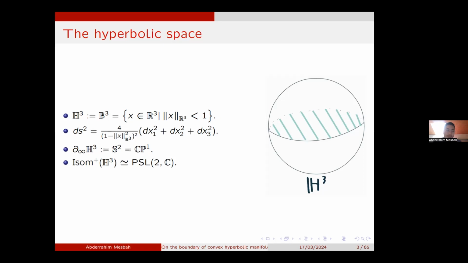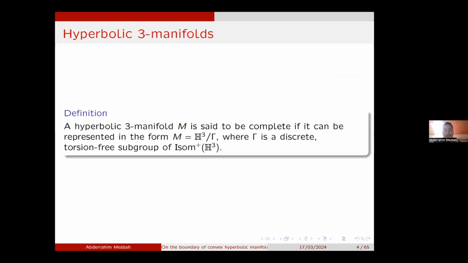Another fact is that the isometry group of the hyperbolic space that preserves orientation, so the maps from H3 to H3 that preserve this distance, ds square, form a group which is isomorphic to PSL2C. So we can see the isometry group of H3 that preserves orientation as PSL2C.